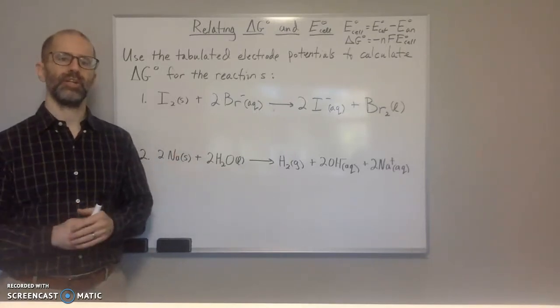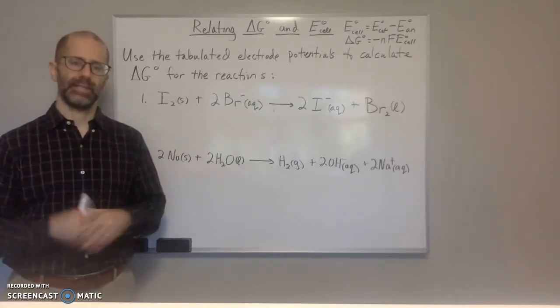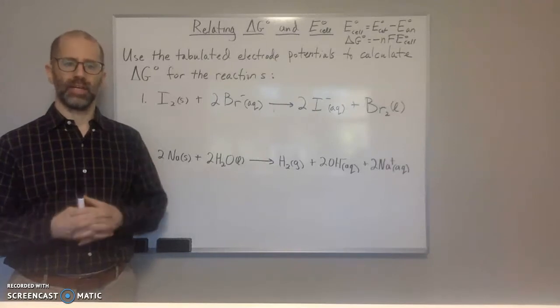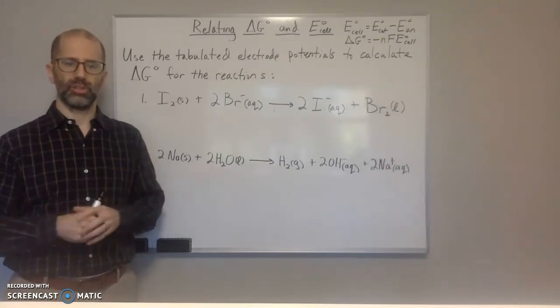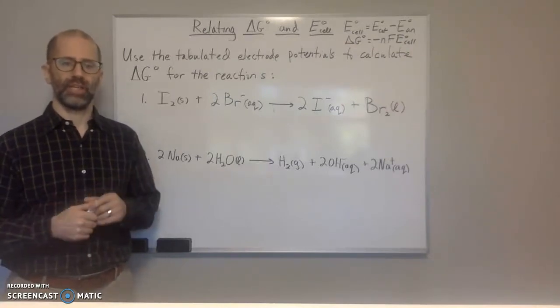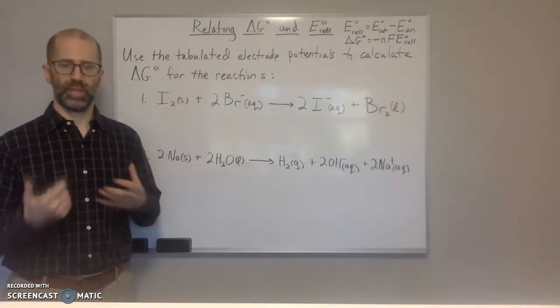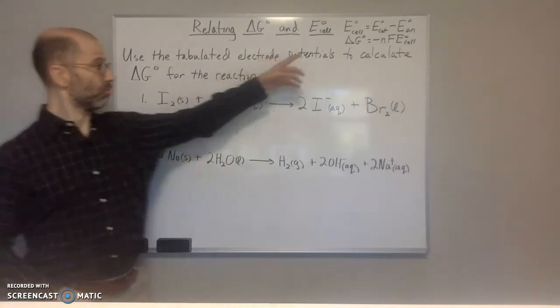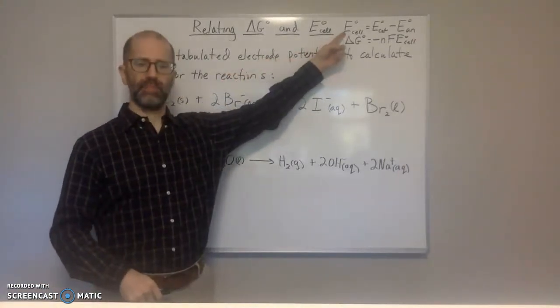So first thing you need to do is to figure out the electrochemical potential of this reaction, which means that you're going to have to use the standard electrode potentials. We're going to use this equation here.